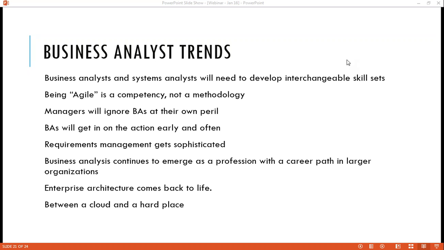Now, the last trend that we have for BAs is that between a cloud and a hard place. And why I say that is because there are so many cloud-based companies and cloud-based solutions which are continuously flooding the markets. Every nook and corner you hear about some company which is doing something on cloud, right?